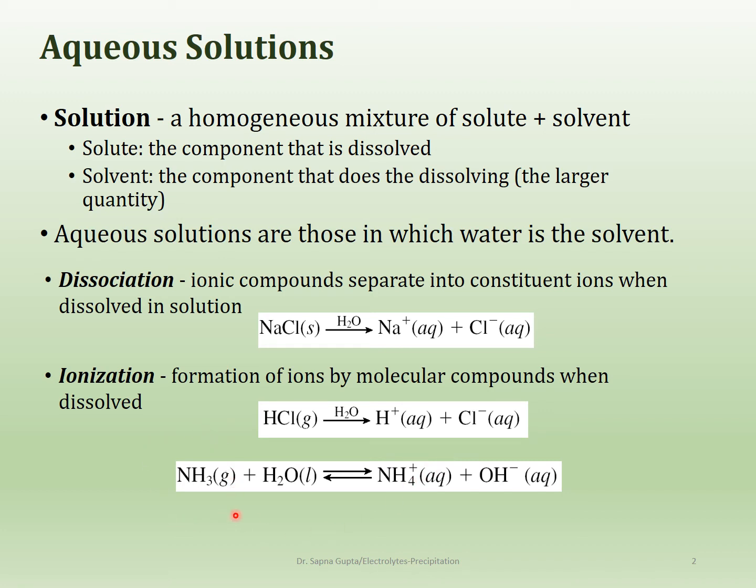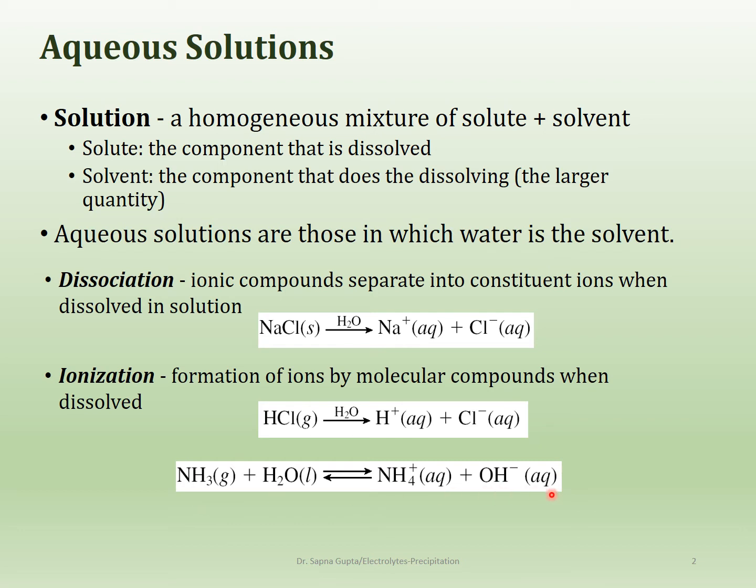One other example is that of ammonia, which dissolves in water to give ammonium ions and hydroxide ions. This arrow, I should introduce to you. This is an equilibrium arrow, which means the reaction can go forward as well as in reverse. We will probably not see this too much in this semester, but because it's there, I just want to tell you what this is.